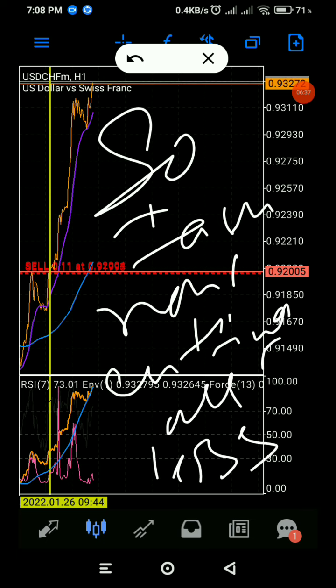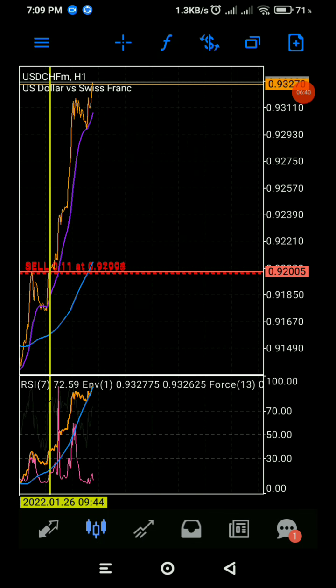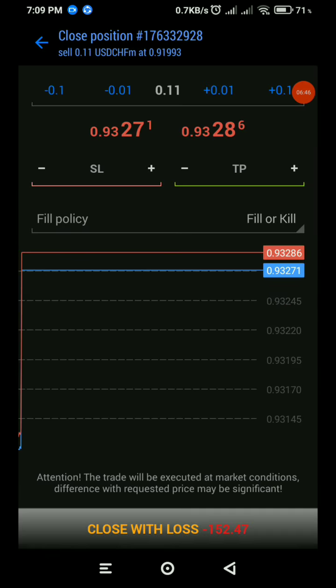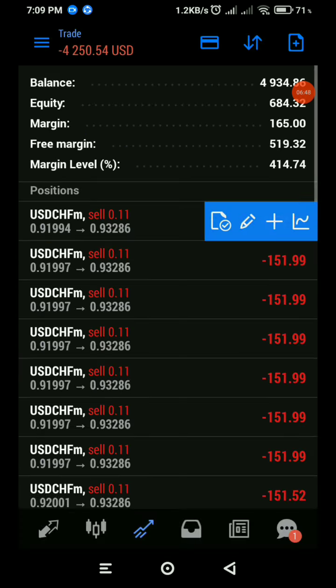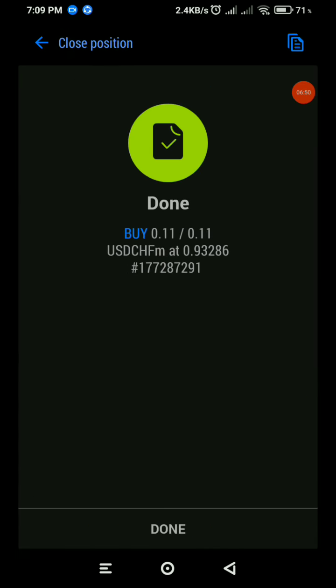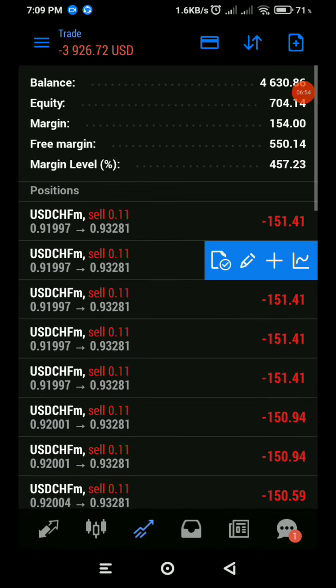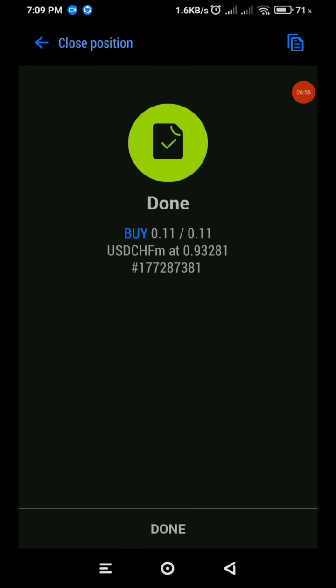That's why I now decide to cut down all the losses from USD Swiss franc, so I'm taking the loss. So those who ask me why I didn't take any loss, now you see how I'm taking loss.